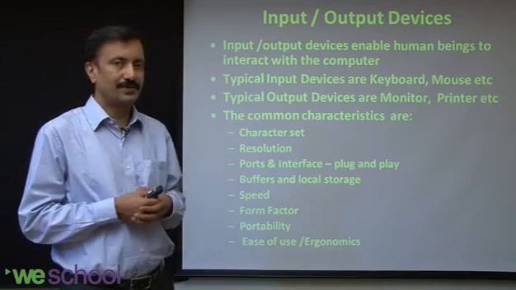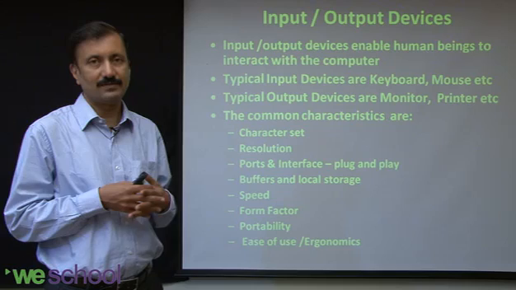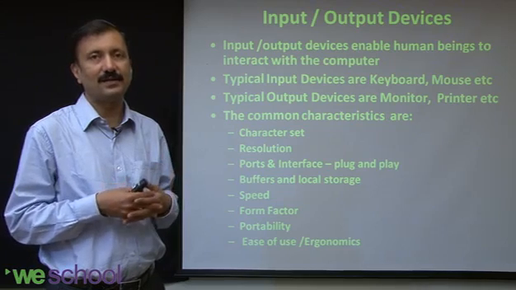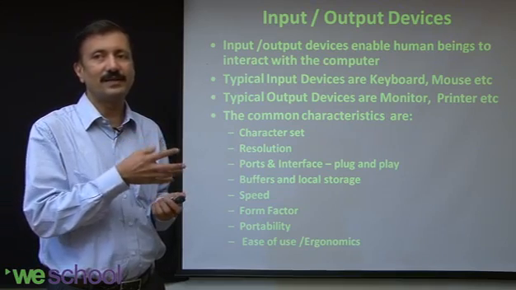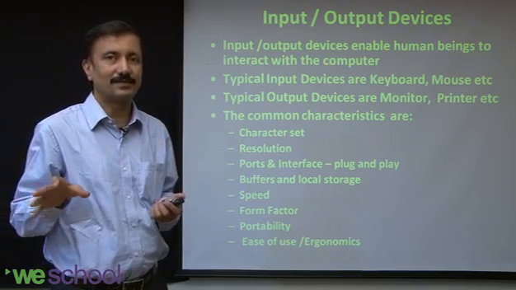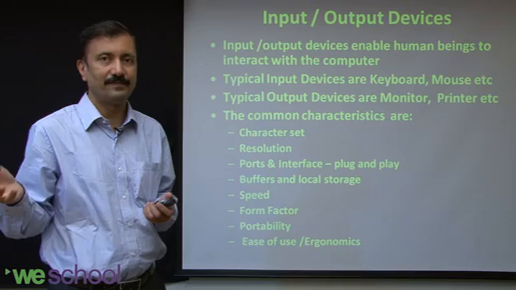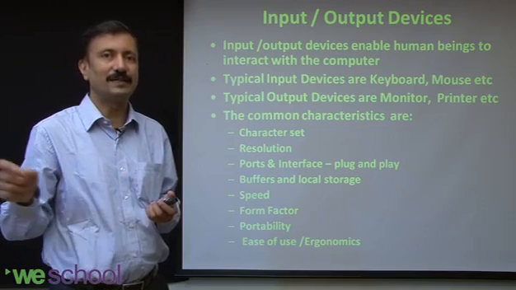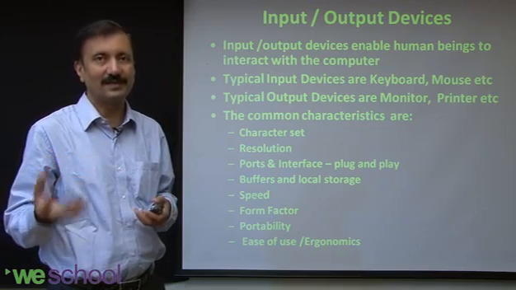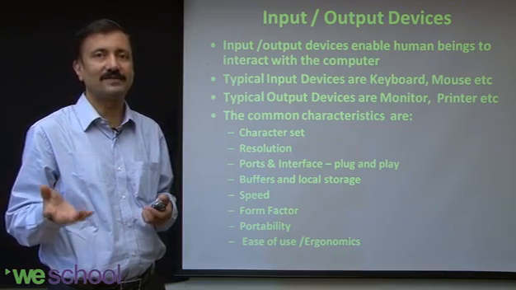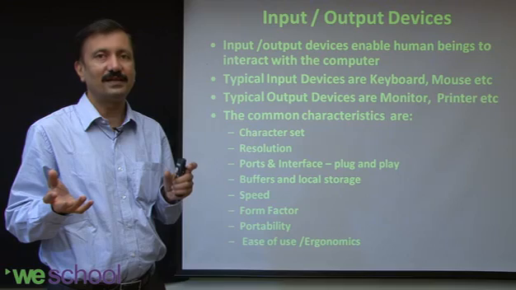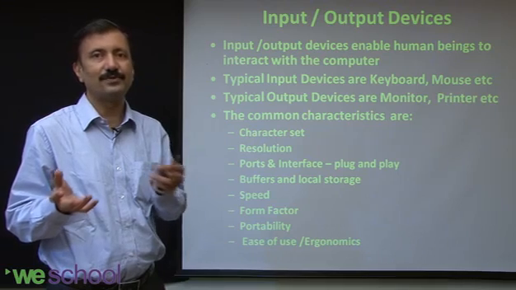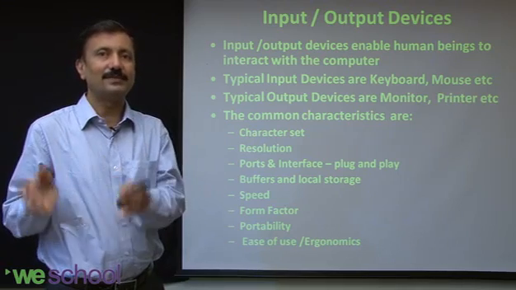Buffering and local storage. Think of a printer. Suppose you give a command to print a large document, and that document, from the memory, is quickly dumped onto the printer, but the printer has no local memory. It will print at its own speed, because the printer speeds are ridiculously low. They are electromechanical devices, like we said. So can you not think about buffering the output sent by the computer in the printer itself?